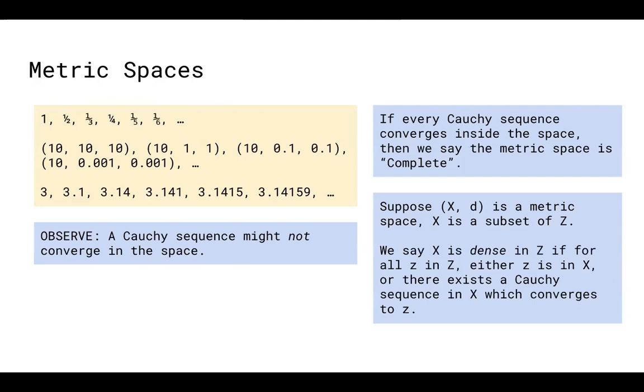We say that X is dense in Z if everything in Z is either in X or is a limit point of a sequence in X. Basically, everything in the bigger space is either part of the smaller one or there's some sequence in the smaller one that converges to it.